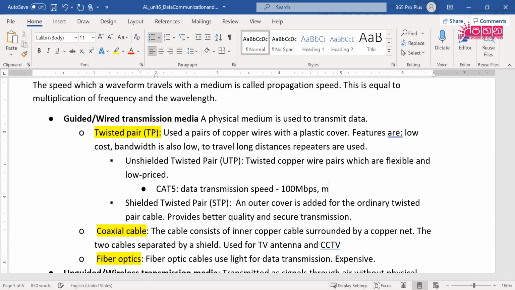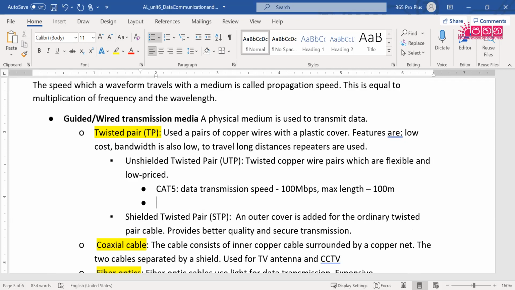The recent one is called Cat6 cables. Again, you don't have to remember this. Data transmission speed, they say up to 10 gigabits per second. Again, there is a maximum length for the cable.